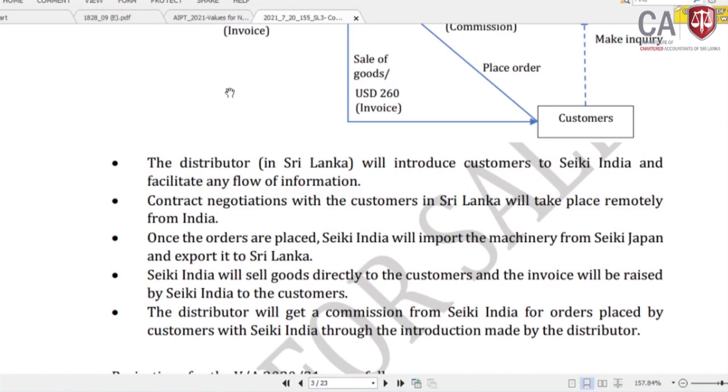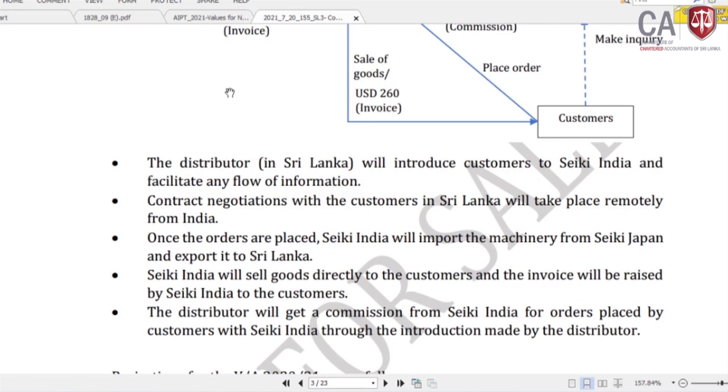Secondly, contract negotiations with the customers in Sri Lanka will take place remotely from India. All the contracts, the agreements with the customers, will happen in India. Third thing, once the orders are placed, Seiki India will import the machinery from Seiki Japan and export to Sri Lanka.